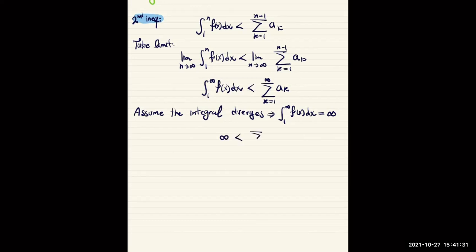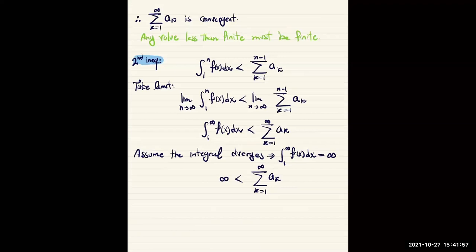And the inequality becomes the series being more than infinity. Look at that, guys. The series is bigger than infinity. So what does that say about the series? It's divergent. Yeah. Anything larger than infinity must be infinity.